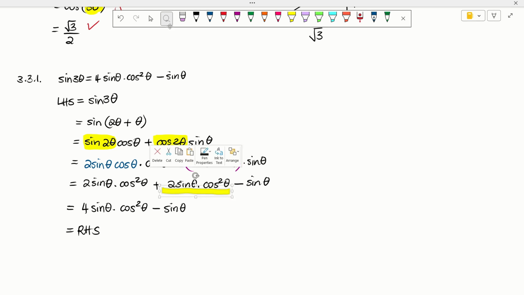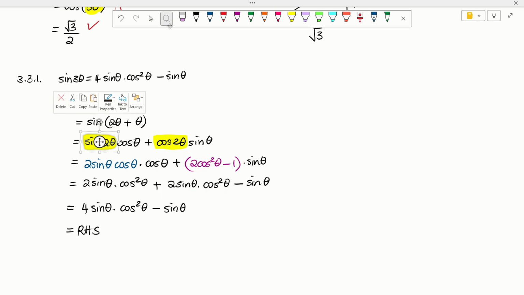5 marks. How they are going to mark is basically everywhere where you put changes is going to be worth a mark, because trigonometry is a game of identities. So here we put up an identity, so we get a mark for that. These two are identities, so we get marks for those.